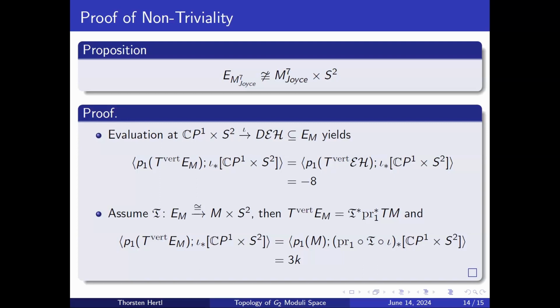So we conclude that -8 is an integral multiple of -3, which we know to be false, right? So this gives us our desired contradiction, and the manifold bundle cannot be trivial.